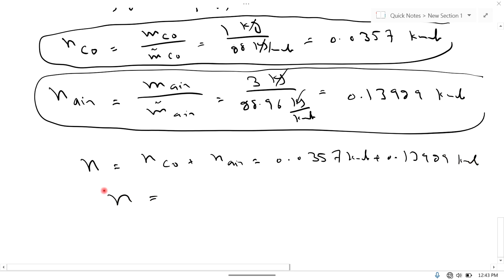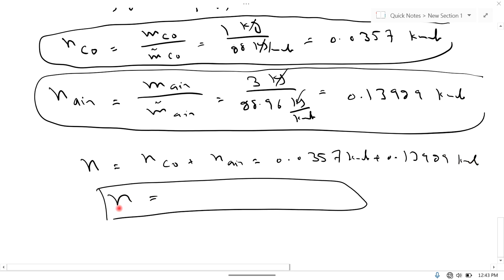So total number of mole is equal to 0.13929 kilomole, and this is basically 0.10359.